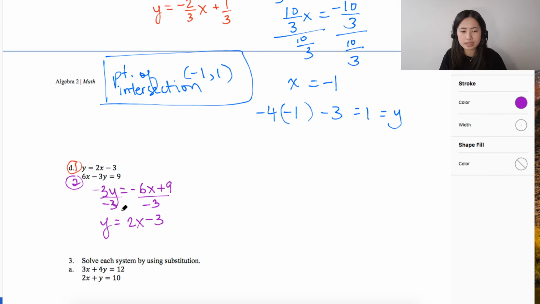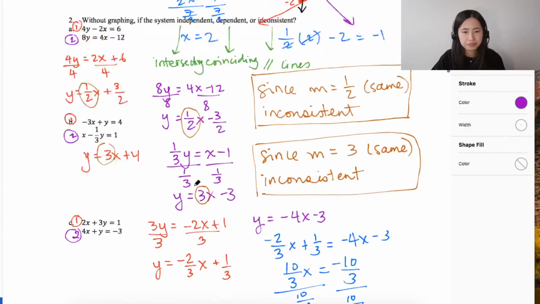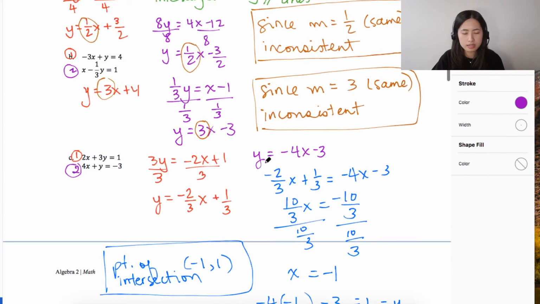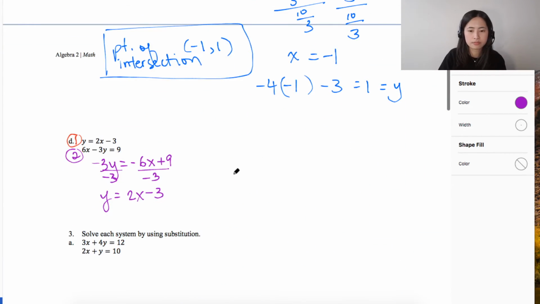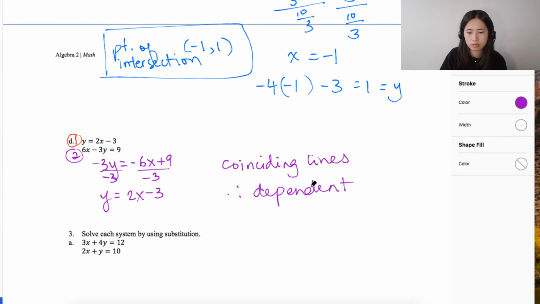That means they must exhibit the same equation. Therefore, if it's exactly 2x minus 3 for both lines, they're coinciding, and if it's coinciding, they're dependent. Okay, so they're dependent.